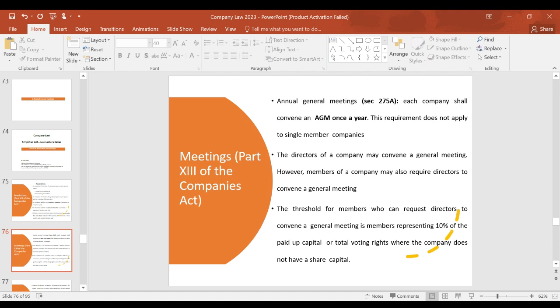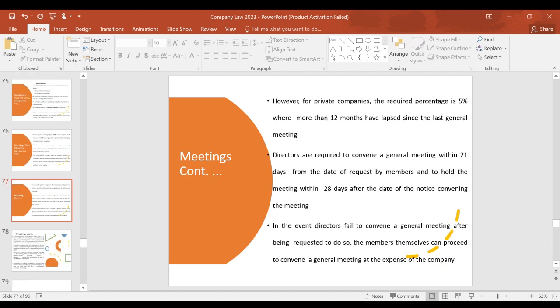And where the directors refuse to convene a general meeting and it has been requested by the shareholders, then the members themselves can go ahead and constitute that meeting, but at the expense of the particular company.